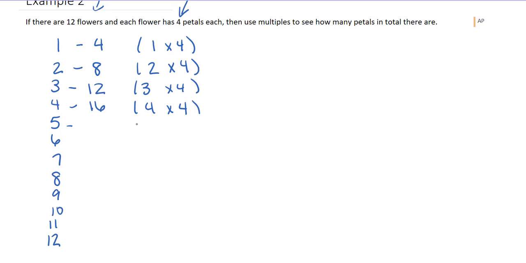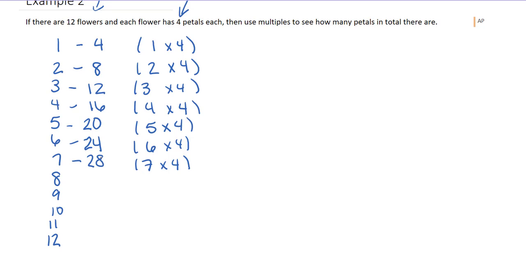Now 5, so 5 times 4. So we're adding up all of the flowers above it, and including this one, how many petals there are. So 5 times 4, that's 20. 6 times 4 is 24. 7 times 4 is 28, right?